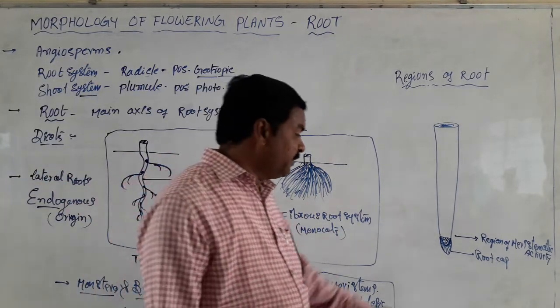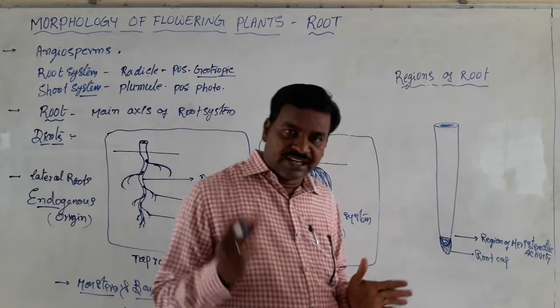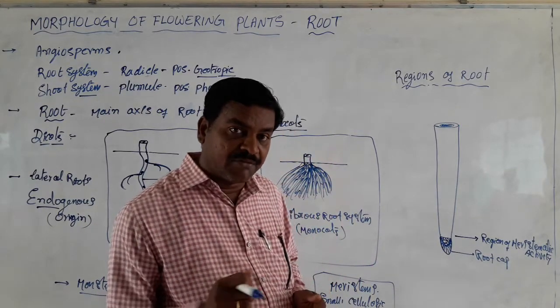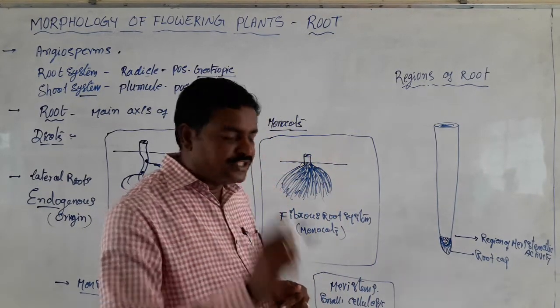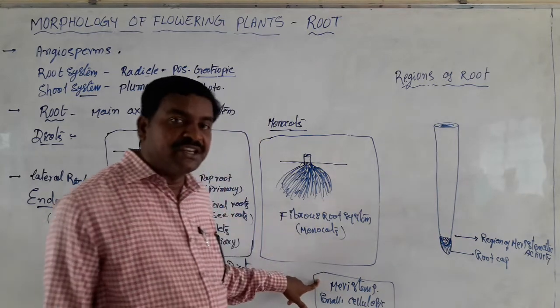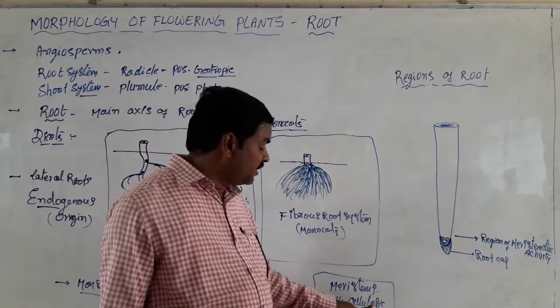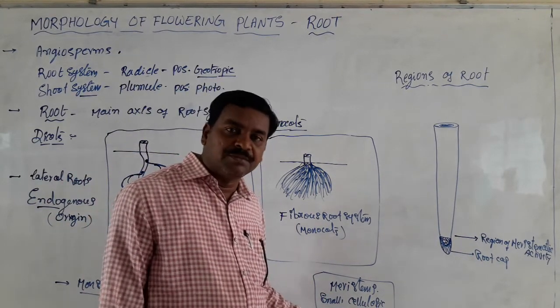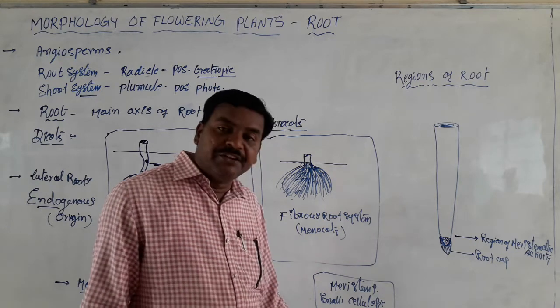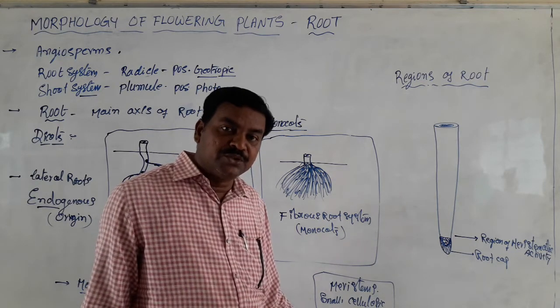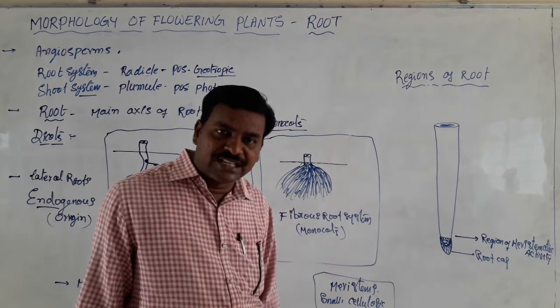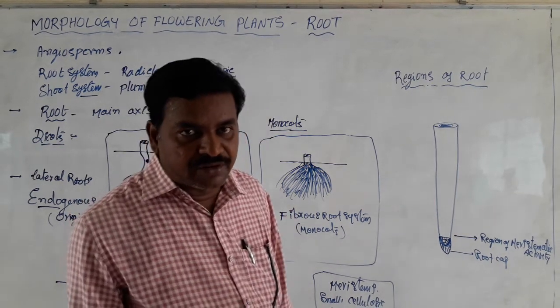So a few millimeters above the root cap there is a zone called the region of meristematic activity, represented by a number of meristems. They produce new cells and add these new cells for the primary growth of the root system.